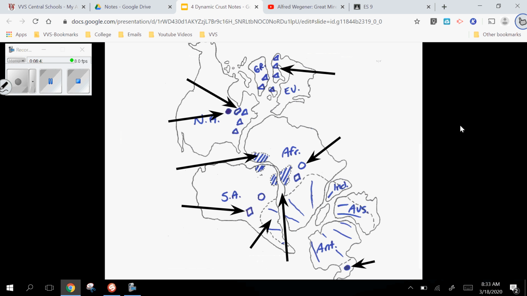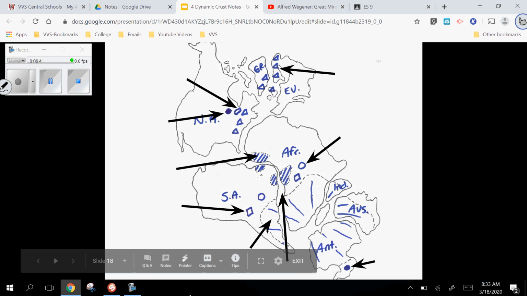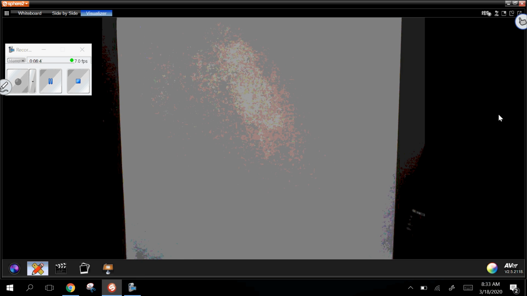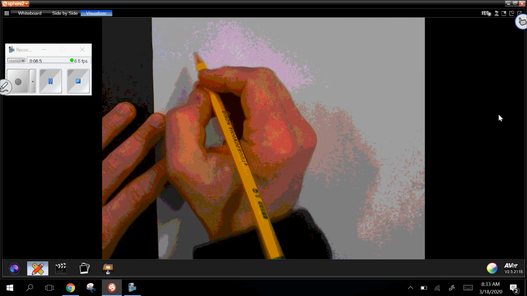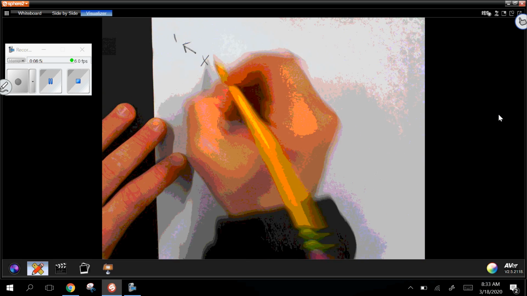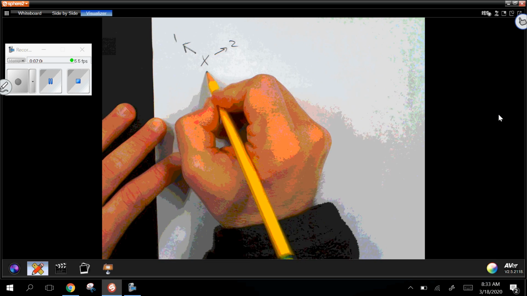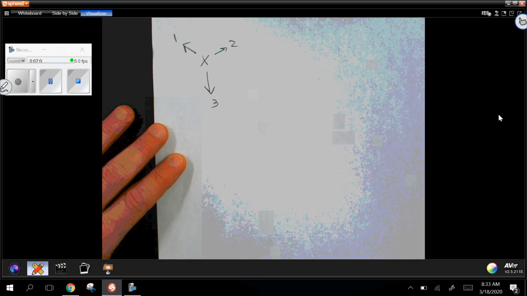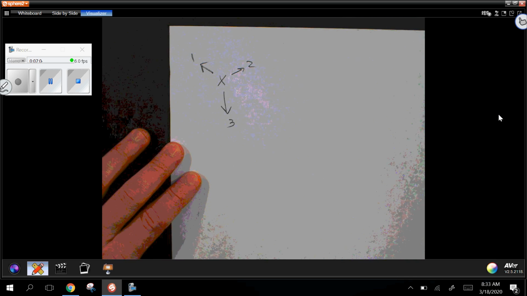Now, real quick, if we were to look at those things individually, for example, let's say I make an observation, we'll call it observation X. I might be able to explain it, and let's say I can explain it in 3 different ways. So I have 3 explanations.